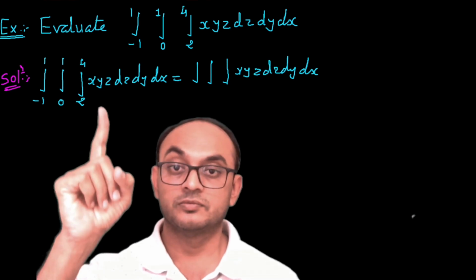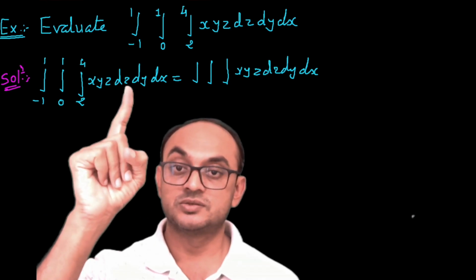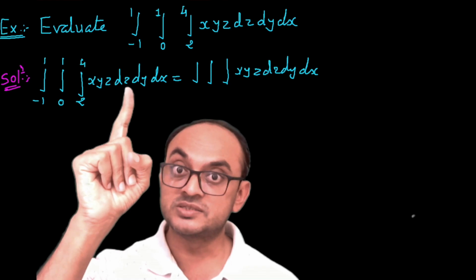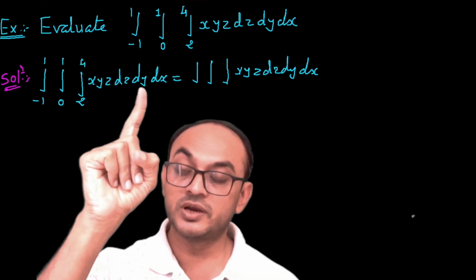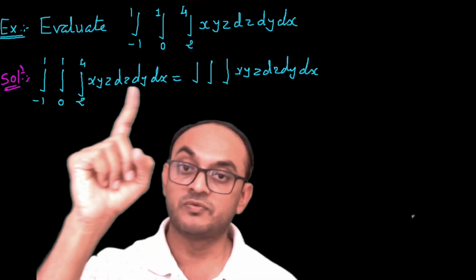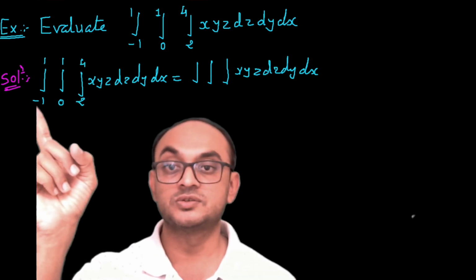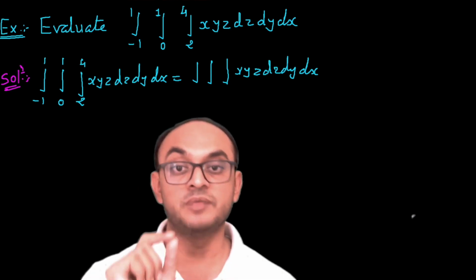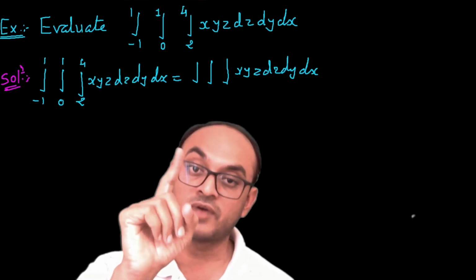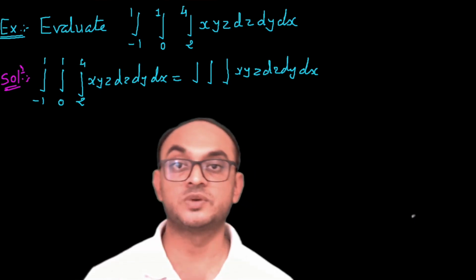Now see, xyz dz dy dx. So the most inner limit is z, the middle limit is y, and the outer limit is x. I always mention this representation, which one is the limit of z, which one is for y, and which one is for x.